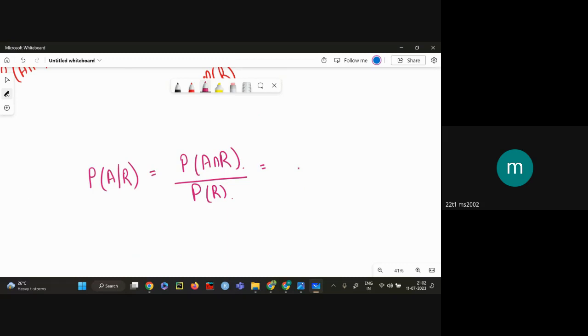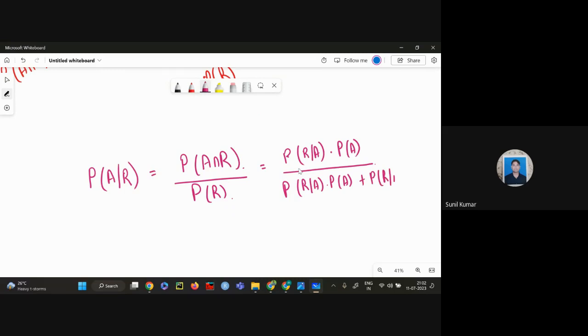So that will become probability of rejection given A into probability of A, divided by probability of rejection given A into probability of A, plus probability of rejection given B into probability of B.